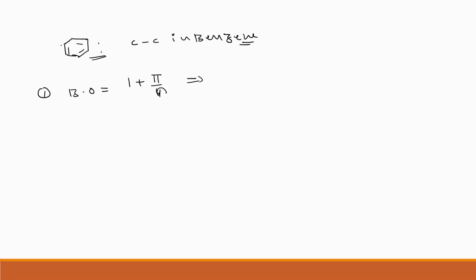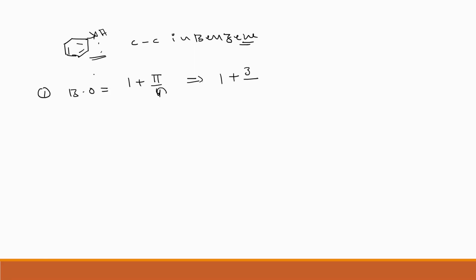Now see how many sigma bonds we have in the ring. Between the carbons we have to count. Don't go for hydrogens, because we are counting the bond order between carbon and carbon. So how many pi bonds and how many sigma bonds do we have? First see how many pi bonds: 1, 2, 3. So this is 3.